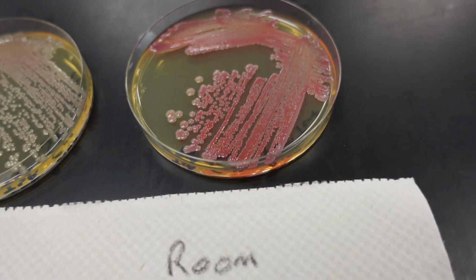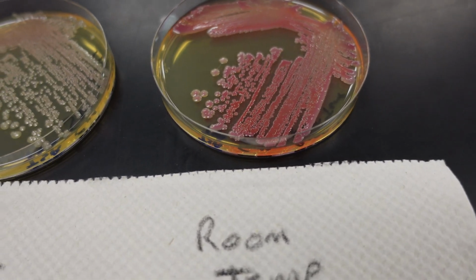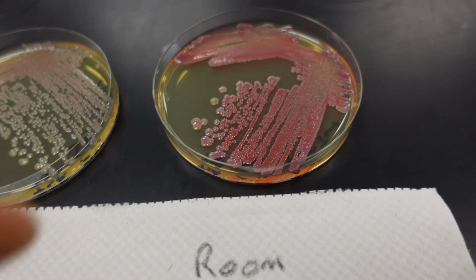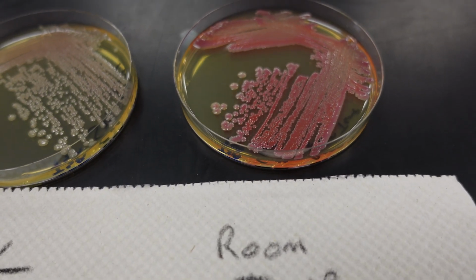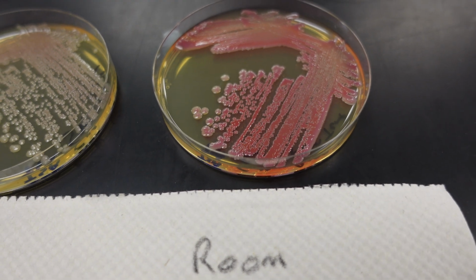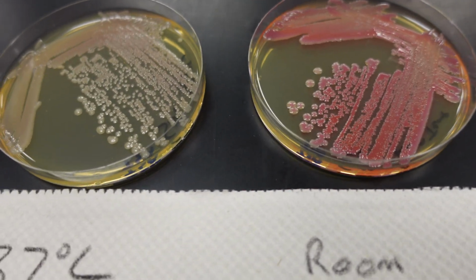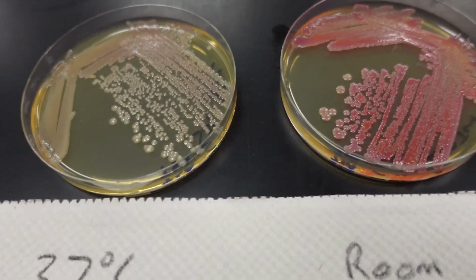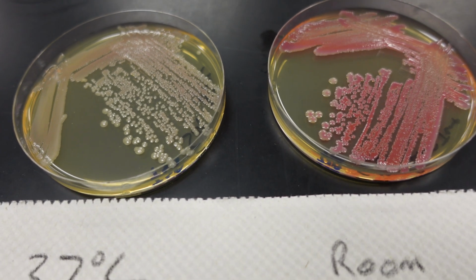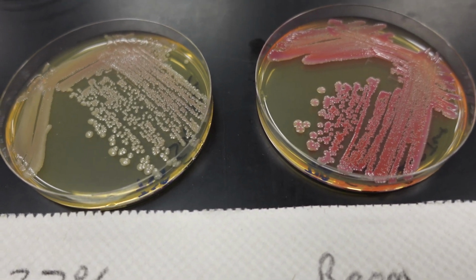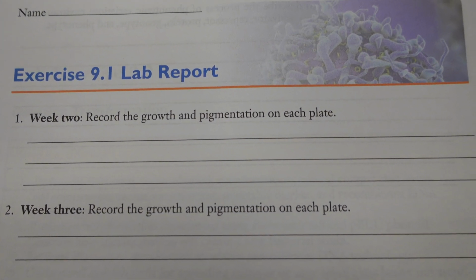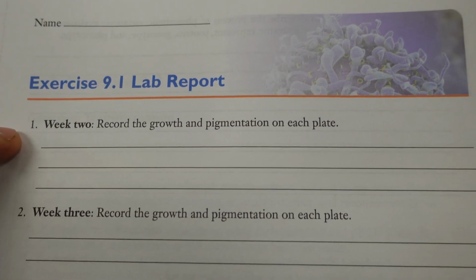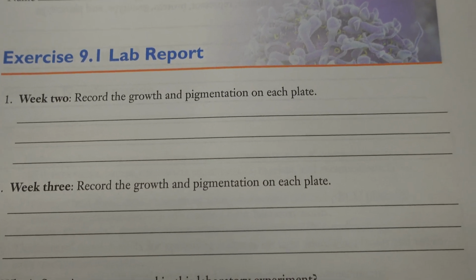So based off the environmental conditions, the bacteria here on the right with the colder temperature activated the gene for that pigment production. And here on the left, the bacteria keeps that gene off based off of the warmer temperature.